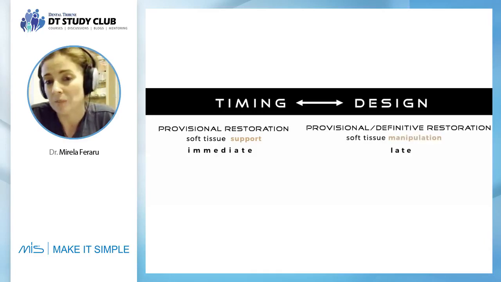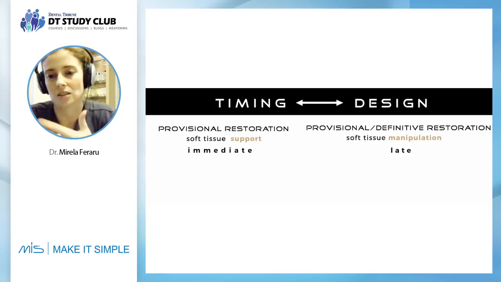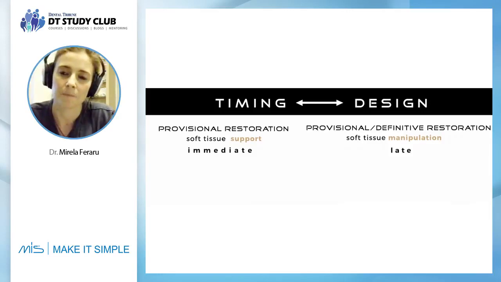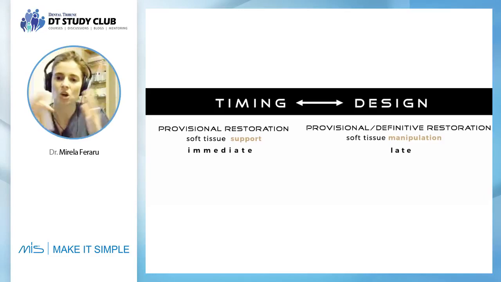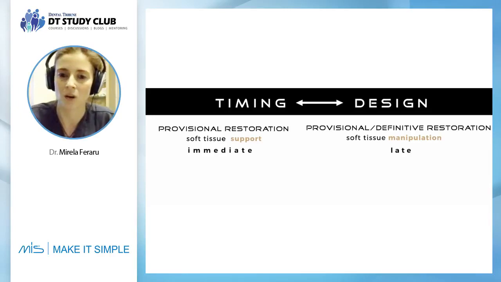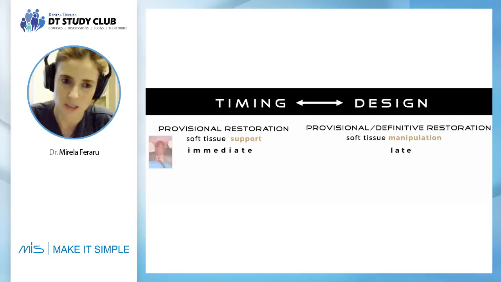When we have a provisional or definitive restoration that is inserted in a later approach, when soft tissues are already matured, then we can talk about soft tissue manipulation, because we can guide and influence the contours of the soft tissues with our restoration.